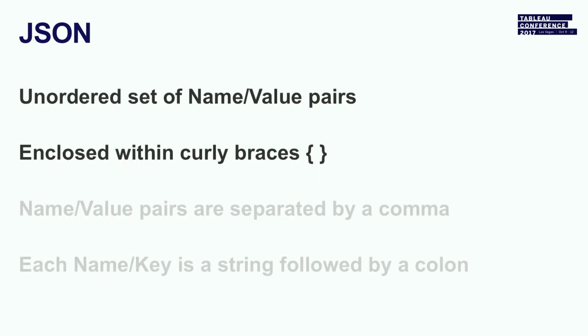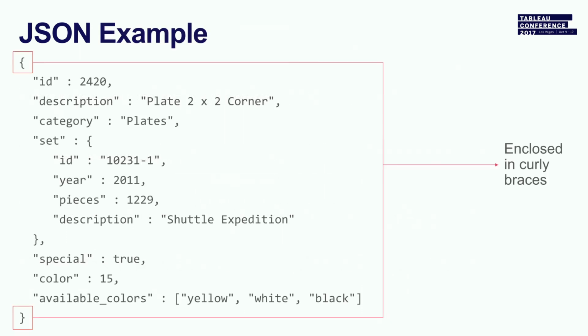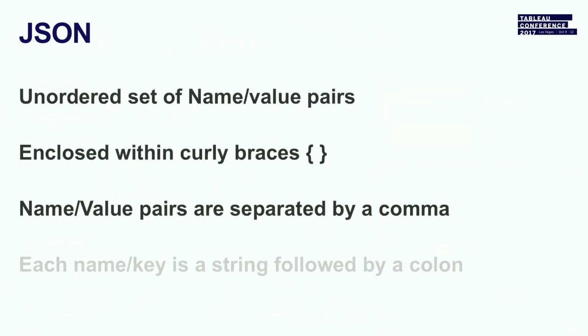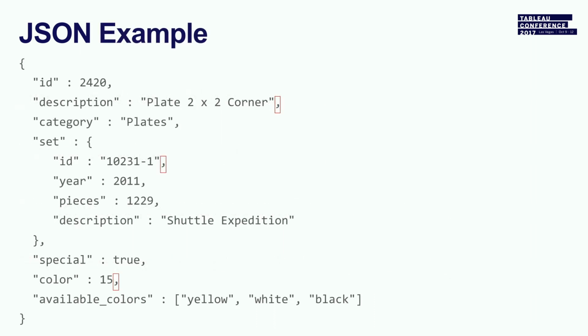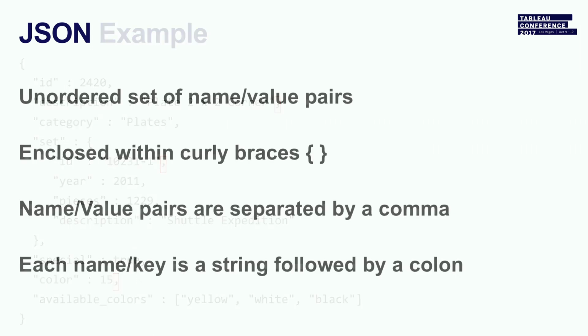And unless you're dealing with a high-level array, a JSON document will almost always be enclosed within curly braces, as depicted here. And name-value pairs in JSON document are delimited by comma, like this here. We have highlighted all the delimiters.